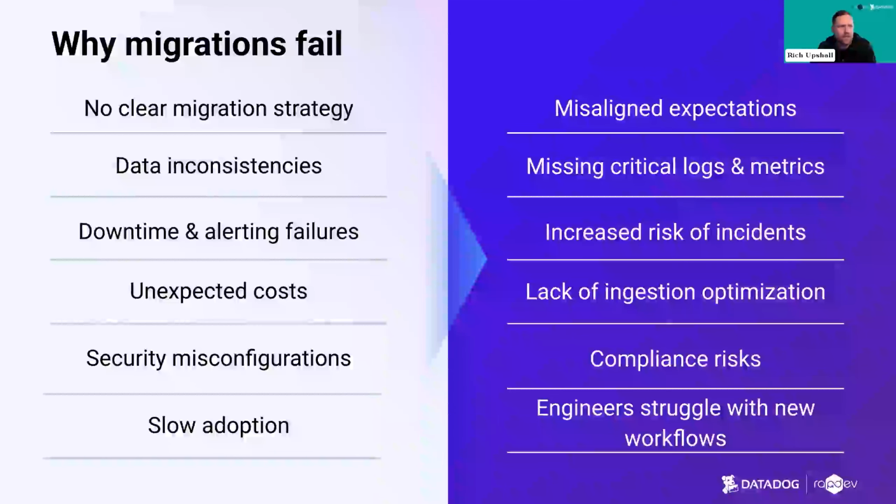There's no consideration to making sure everything makes sense. Traces and logs are correlated together, for example. So critical logs may be missing. They may not be correlated correctly with traces and metrics. And all of this leads to increased downtime and an increase in alerts.